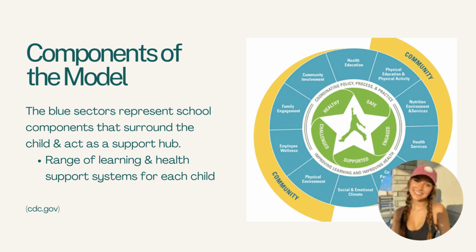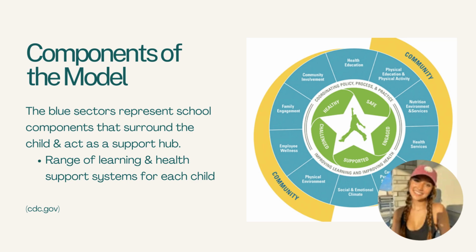Next, we're going to be identifying the 10 blue sectors that surround our white band. They are health education, physical education and activity, nutrition environment and services, health services, counseling, psychological and social services, social and emotional climate, physical environment, employee wellness, family engagement, and community involvement.